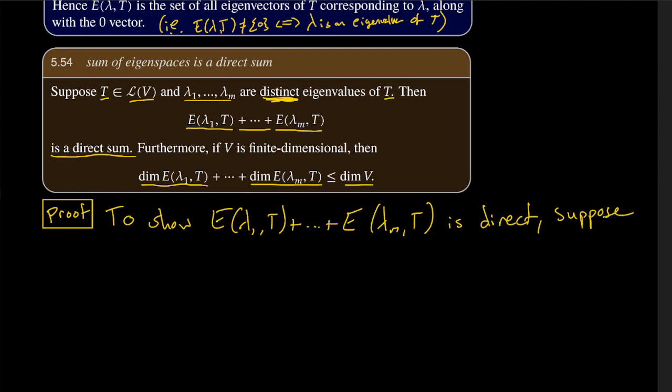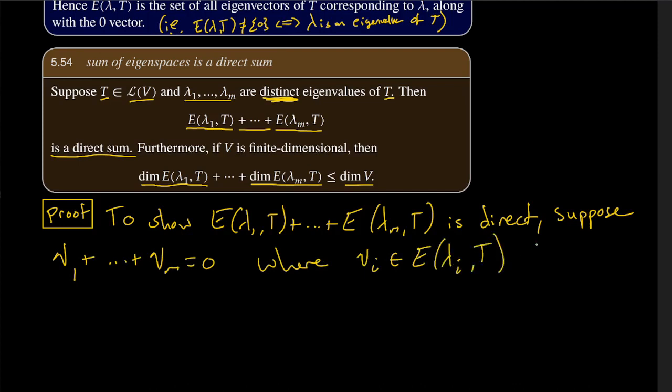Suppose v1 plus dot dot dot all the way down through vm is equal to 0, where vi is in the eigenspace corresponding to lambda i for T, with i in the set 1 through m.